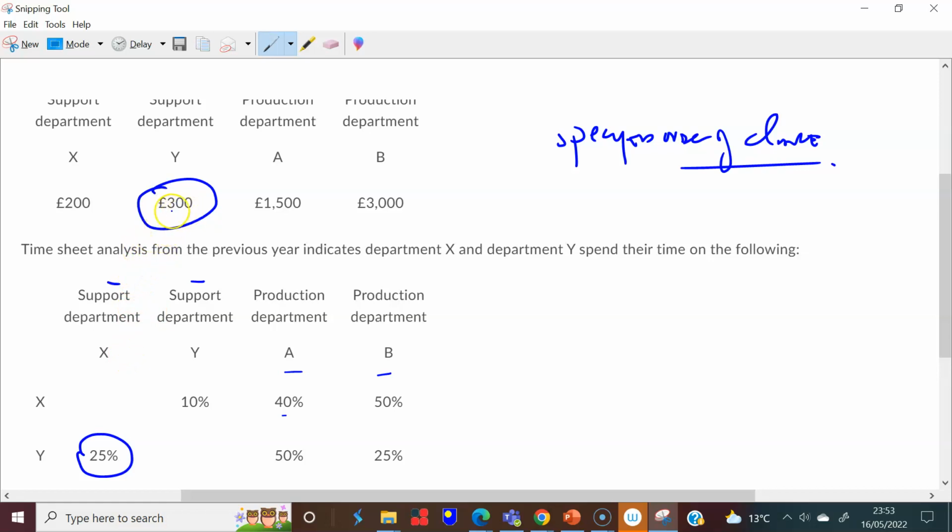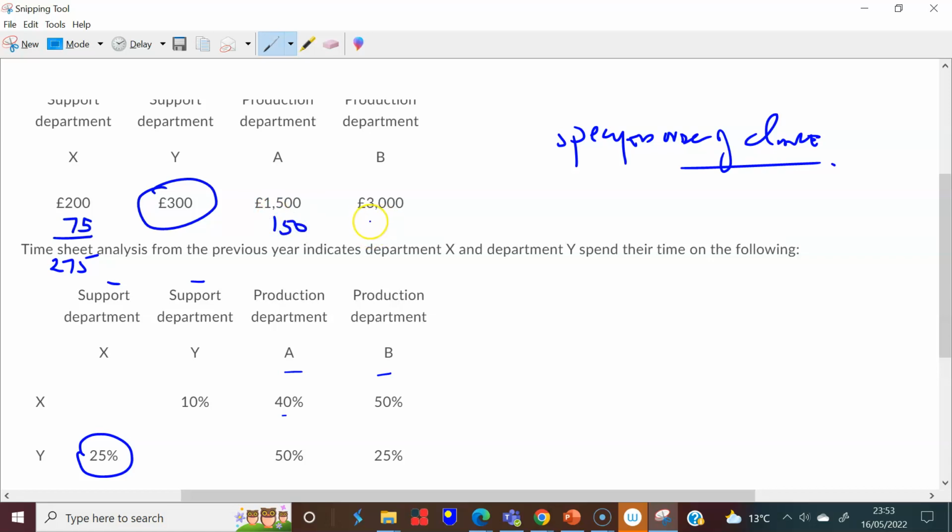So 25% of Y will go to X. So 300 times 25%, 75 will go to X. So X is now 275. And then half of Y will go to A, and that's 150.